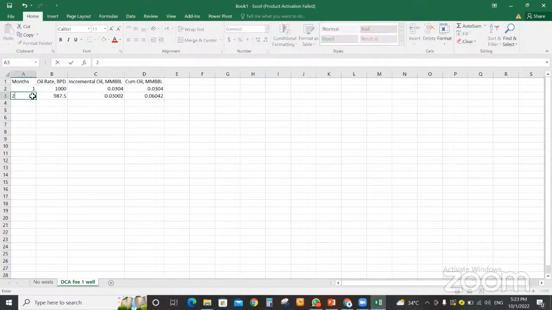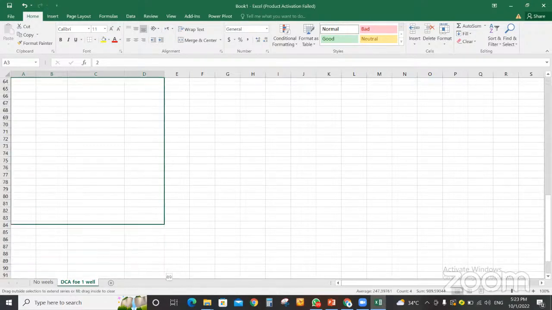Great. Then let's assume that the minimum oil rate for a well is 100 oil barrels per day. So we will do our decline curve analysis until reaching an oil rate of about 100 oil barrels per day.